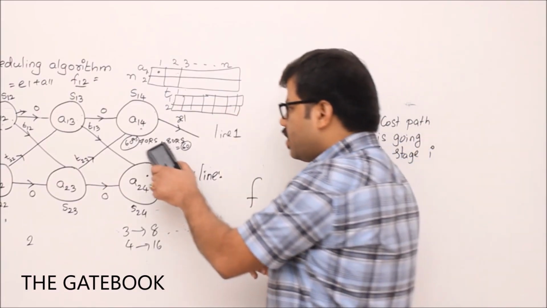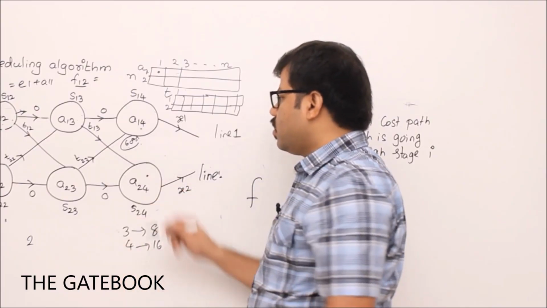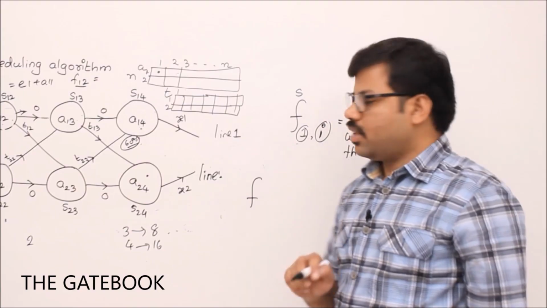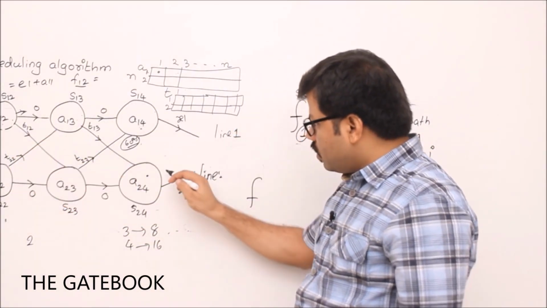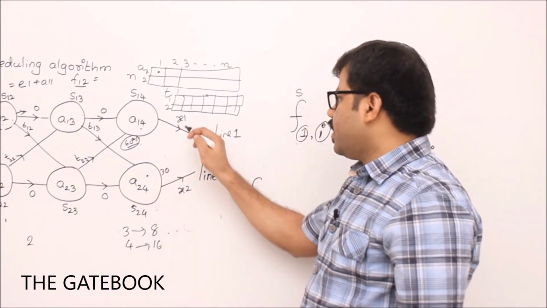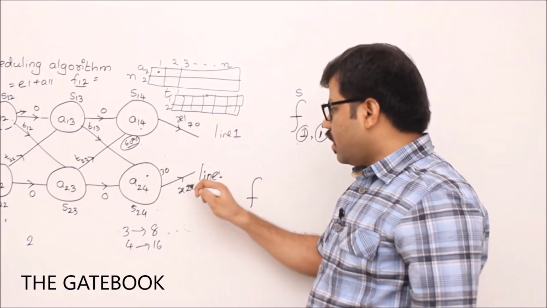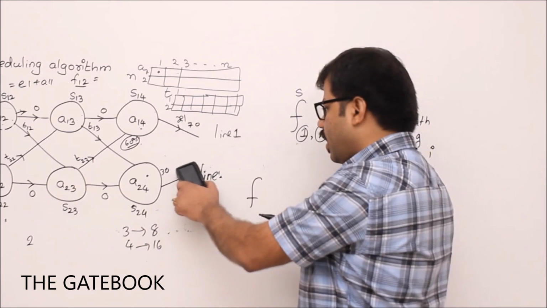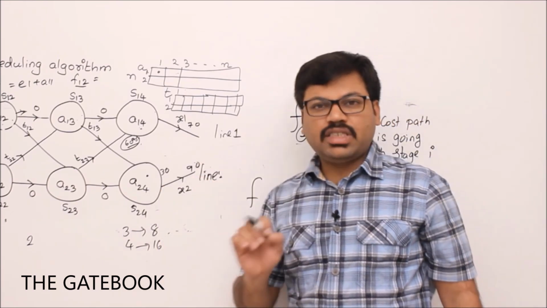Understand? Now, for example, among all the paths, let's say the cheapest path which is going through A14 is a 60 rupees path. Let's say the cheapest path which is coming through A24 is 30 rupees. Then this x1 value, which is the exit cost, is something like 70 rupees, and this exit cost is, let's take, 90. You tell me now which one is best. There are only two best paths possible.